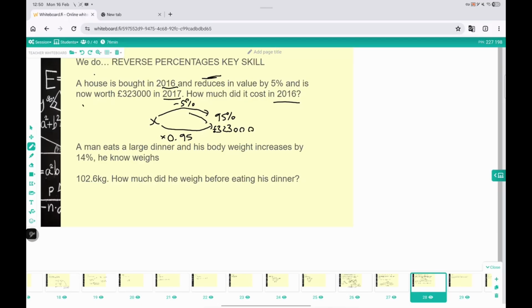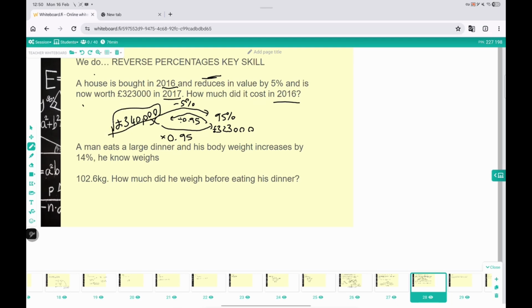Okay, so I need to divide by 0.95. 323,000 divided by 0.95 gets me £340,000. Again, much nicer, more rounded number than what we originally have.